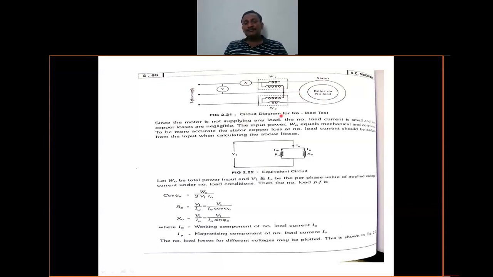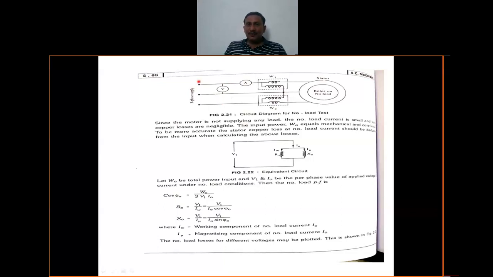Under no load condition, apply rated voltage with the help of this voltmeter, which is connected between two phases, so it gives line voltage. For our houses, phase voltage is 230 volts and line voltage is 440 volts.